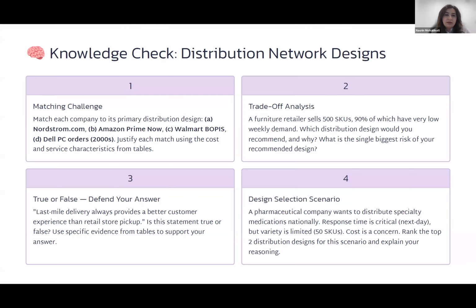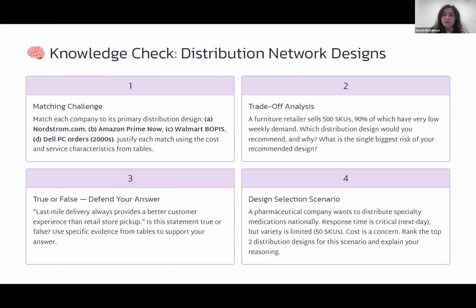Nordstrom, Amazon Prime, Walmart buy online pick up in a store, Dell PC orders in the past, maybe around 2000. Justify why you selected any of the designs based on maybe the tables that we talked about.